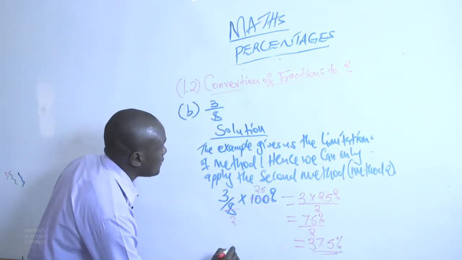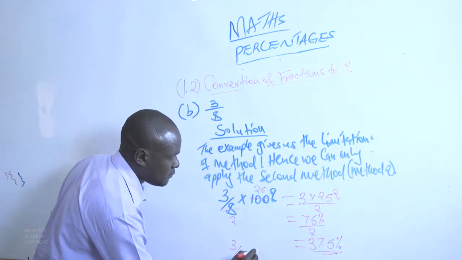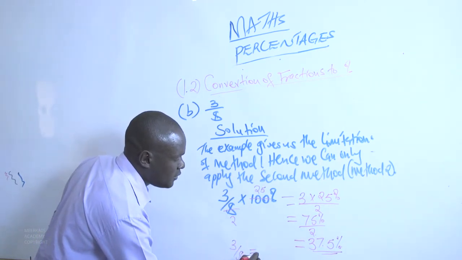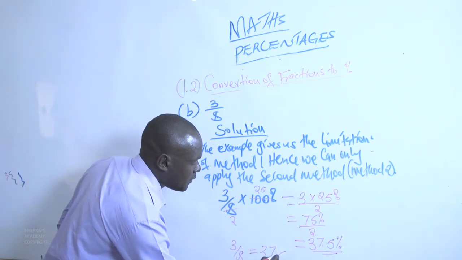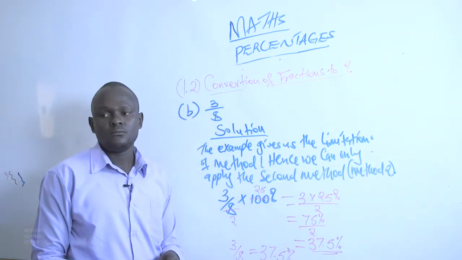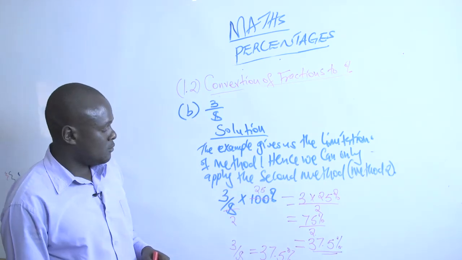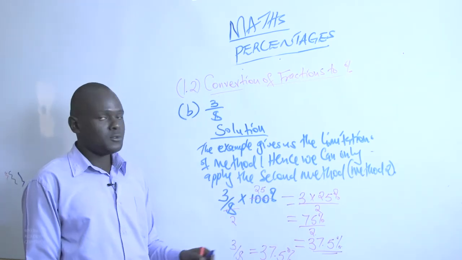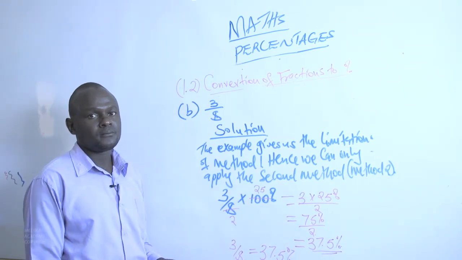So I'm saying that 3 out of 8 is equivalent to 37.5%.